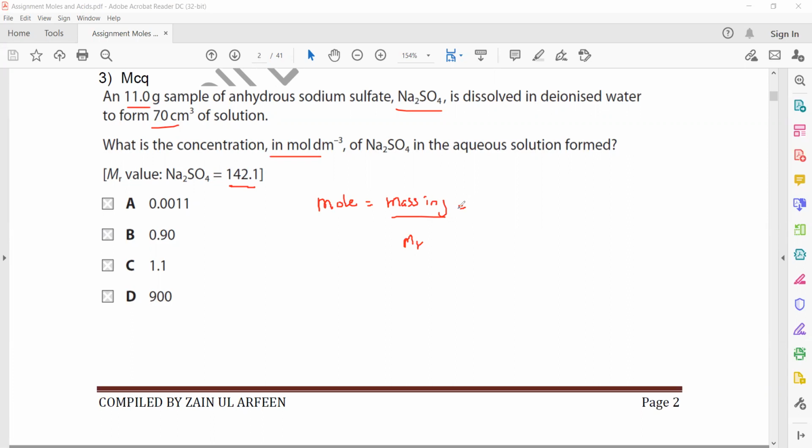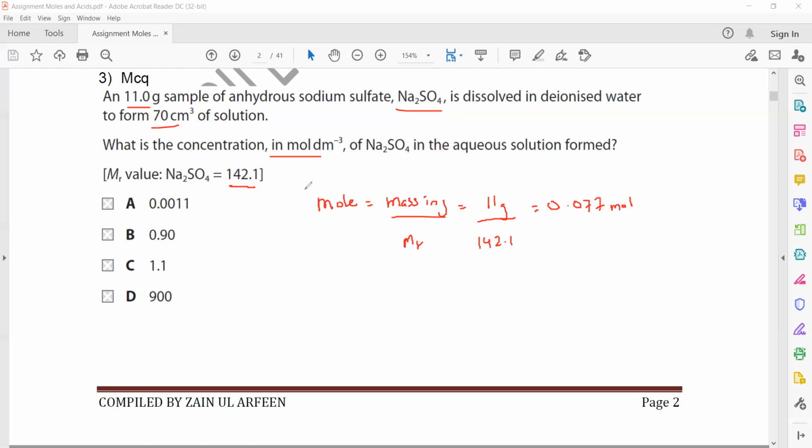divided by relative molecular mass. The mass in gram is given in the question, that is 11, and the relative molar mass is given as 142.1. So 11 divided by 142.1 equals 0.077 moles.